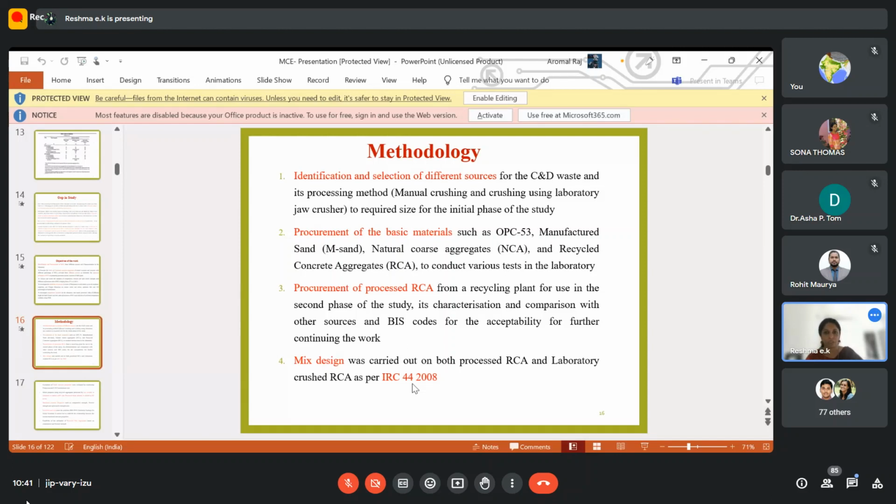Somehow I attended the workshop at IIT Madras, so I could talk to people and get to know more about construction and demolition waste, and contact them. That helped a lot during the entire journey of my thesis. So I recommend to all of you who are doing the PhD: please make sure that you know the relevant codes which have to be used.